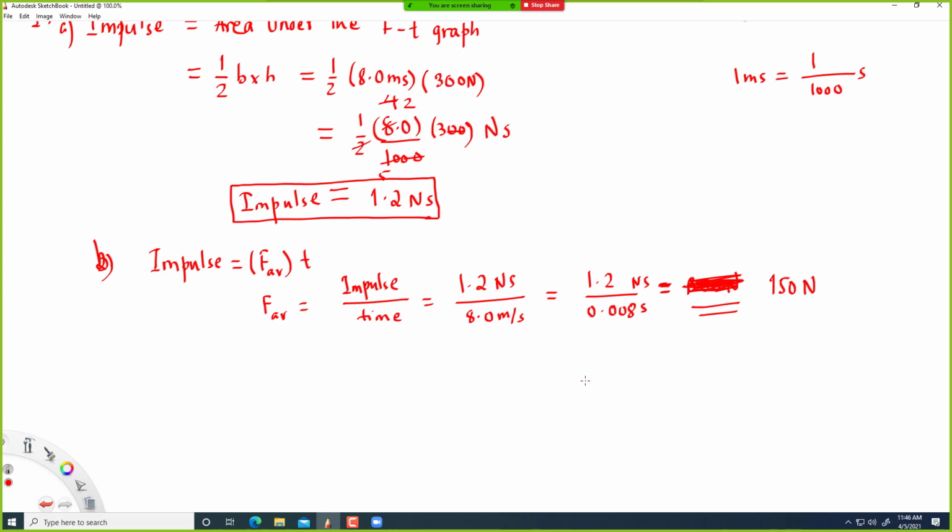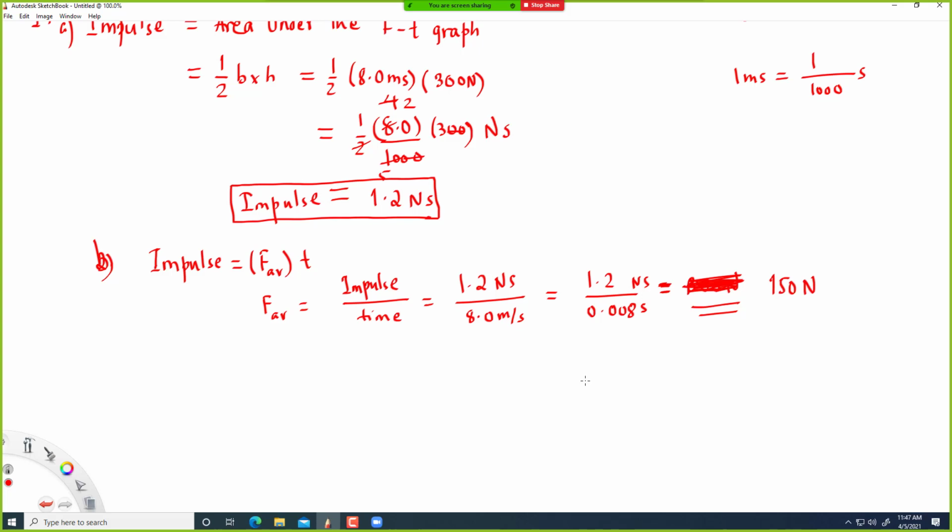So how do we find the object's final speed? The idea here is when you apply force or impulse on an object, you change the momentum.